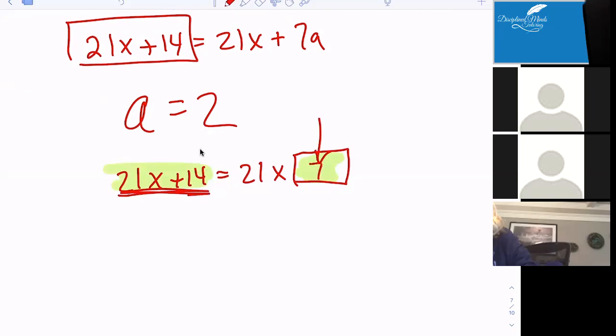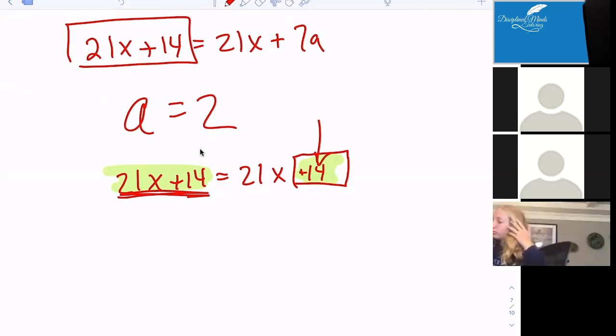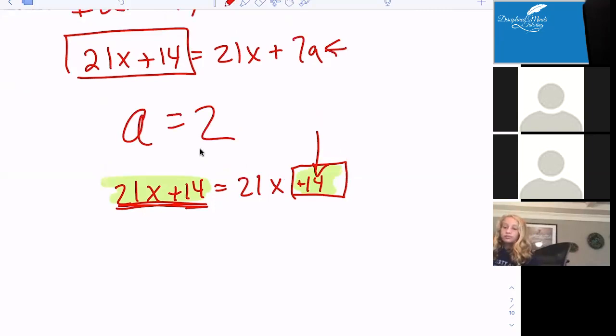So now it's an identity? Or are you just looking at the answer? I don't understand. This right here has to be a 14. Because now it is an identity. Right? So what does A have to be in order for it to be an identity?